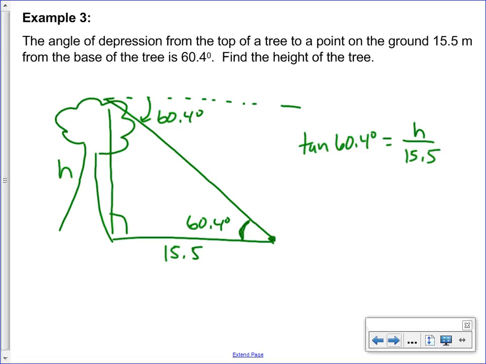Multiply 15.5 to the other side and solve. You should get about 27.3 meters is your height.